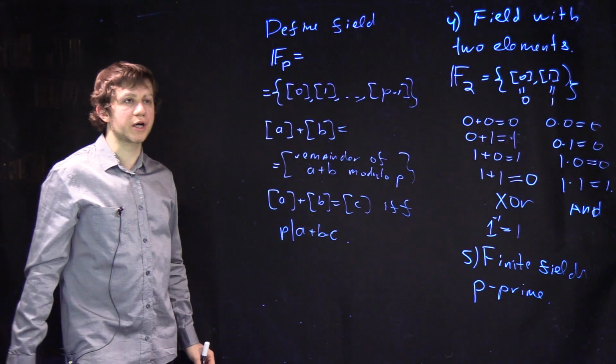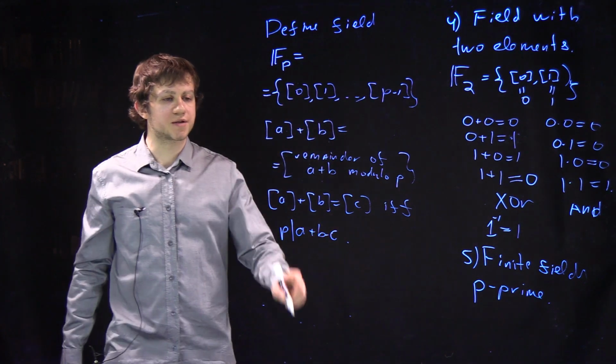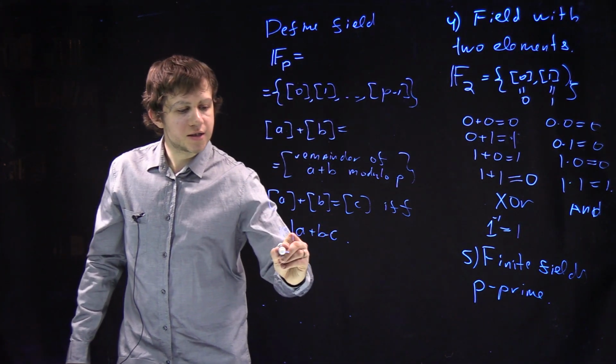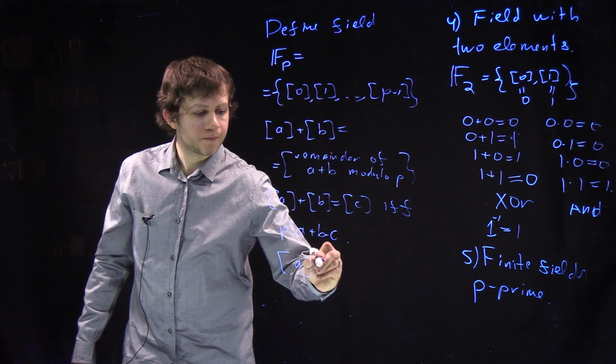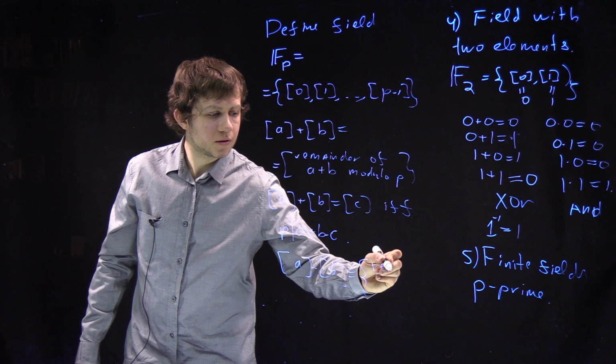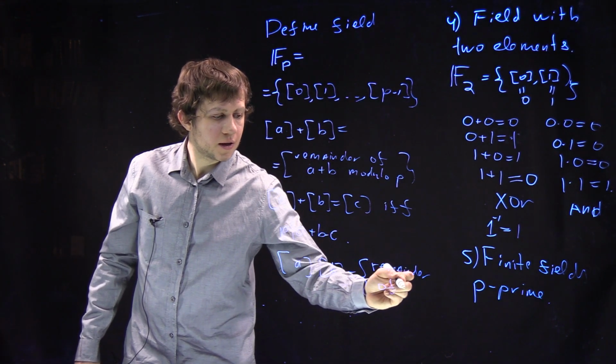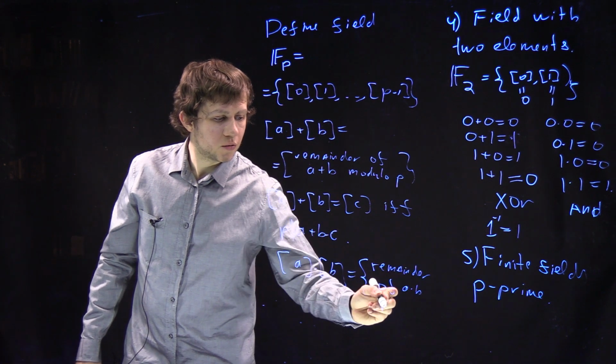And it is easy to check that there exists exactly one number from 0 to p minus 1 satisfying this property. And similarly, a times b is the remainder of a times b mod p.